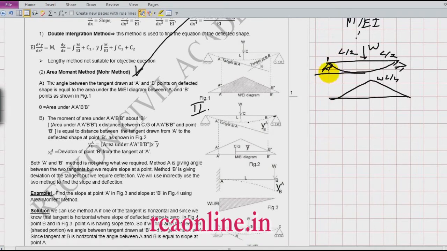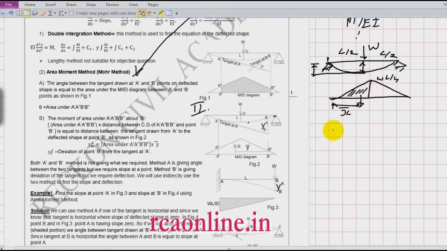I am finding the deviation of this tangent from this deflected shape, and the deflected shape is at hinge. So what I will get? I will get the deflection at center. And what will that be equal to?